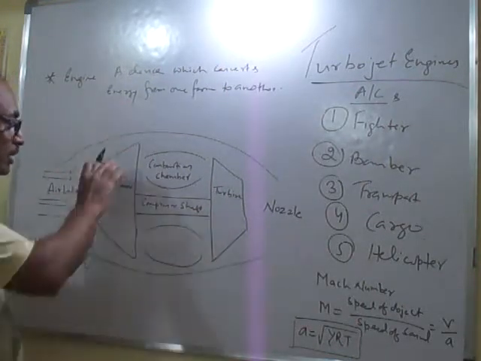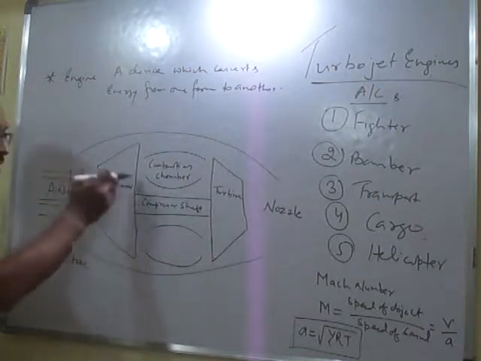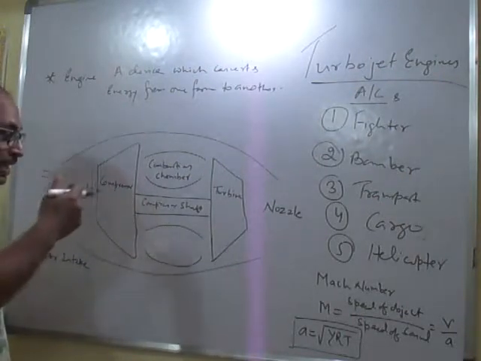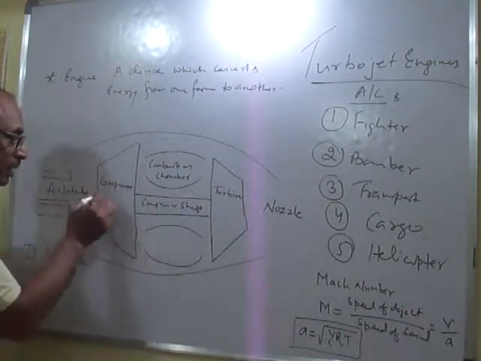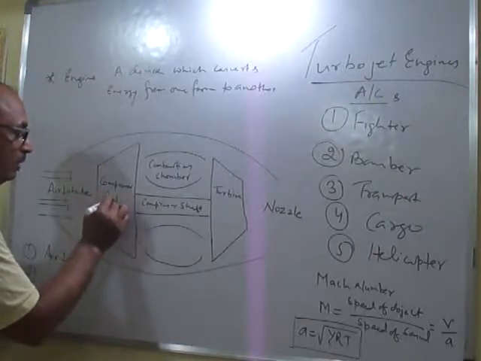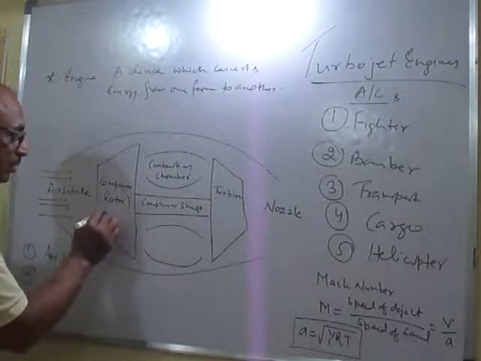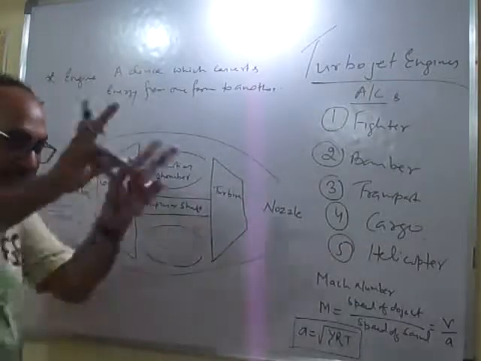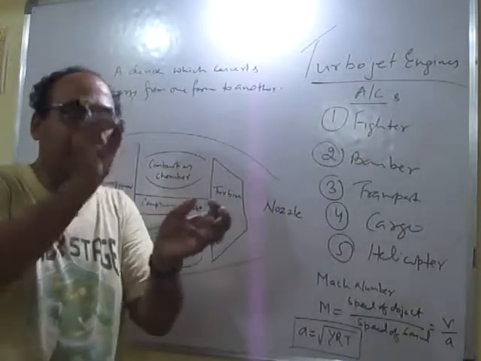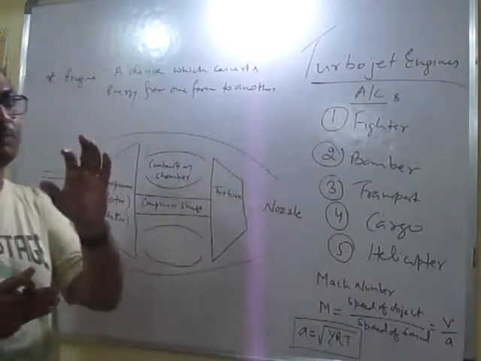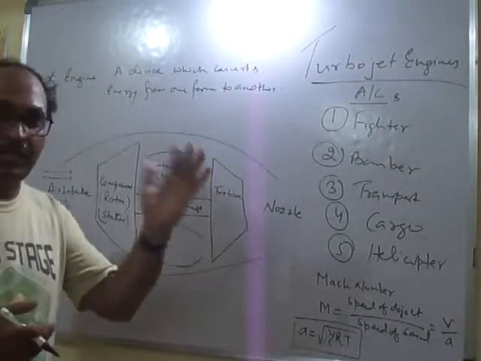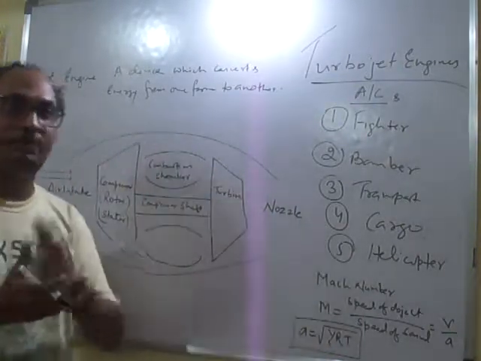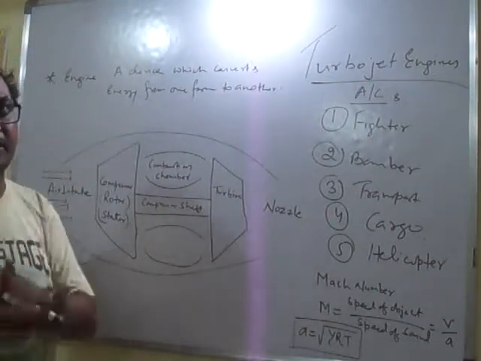The compressor consists of both rotor and stator. Rotor means the disc which is rotating. It is a circular disc, all around which blades are fitted, and the blades provide a converging passage, a diverging passage, or a converging and diverging passage.